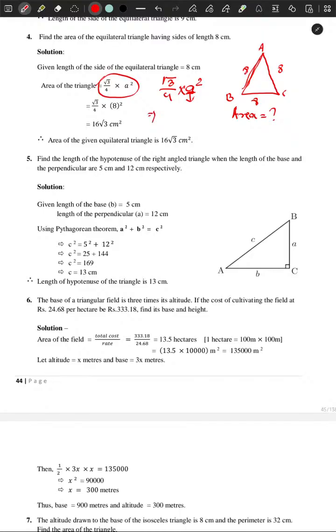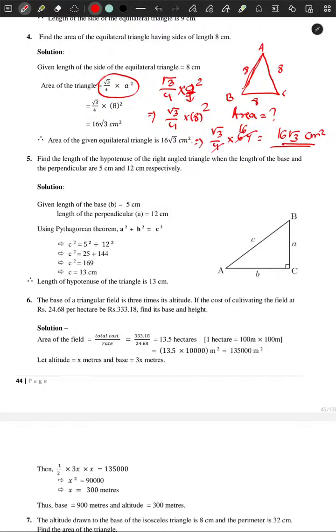Then I can find clearly that root 3 by 4 into 8 square equals root 3 by 4 into 64, which is 16 root 3 cm square.